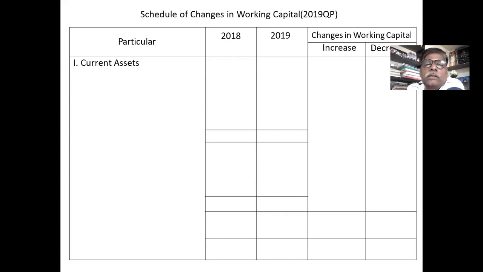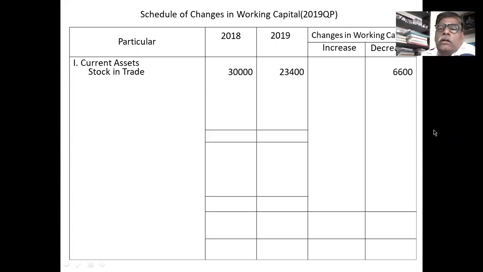First you write the current asset. In the current asset, first is stock in trade. 30,000, 23,400. So there is a decrease. What is decrease? I think 6,600. 6,600 you write in the decrease column.